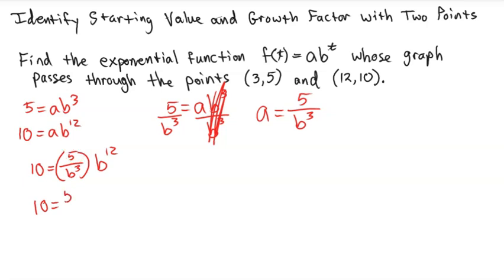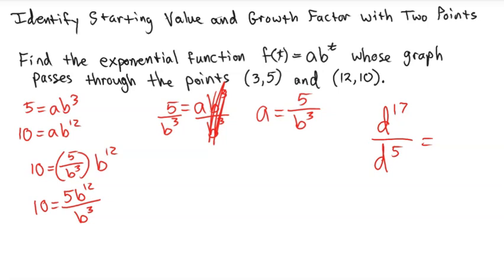What we now have is 5 times B to the 12th power divided by B to the 3rd power. Well, this can be simplified. We may not have seen this for a while, but I can tell you that, let's say that we had D to the 17th power divided by D to the 5th power.